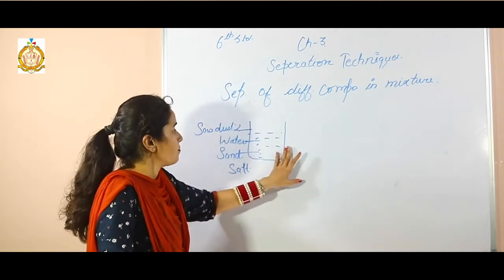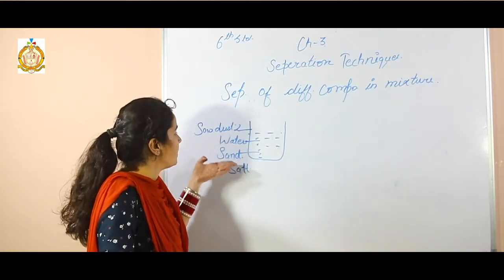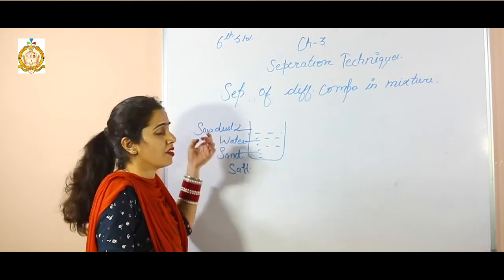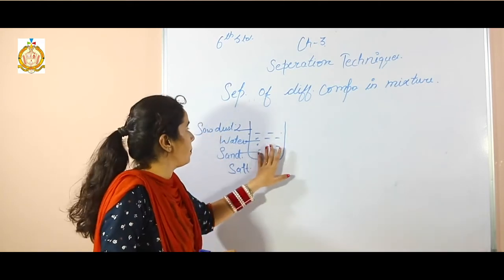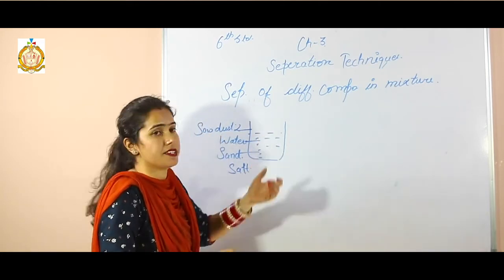So if a mixture has salt, sand, water, sawdust, how can we separate all these different components?